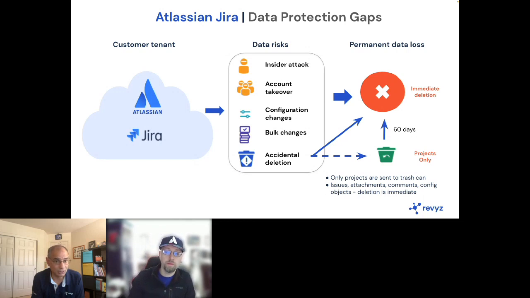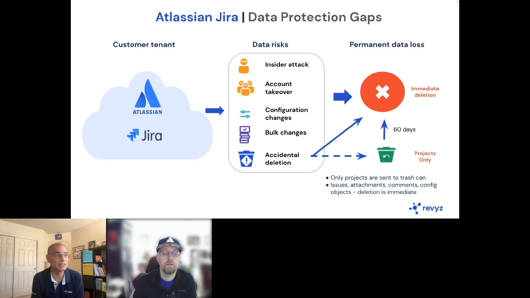Bulk changes could also be a source of data loss. Things like misplaced statuses, and there are different scenarios when you do a bulk change which could lead to data loss. Those are immediate. You lose that information instantaneously.